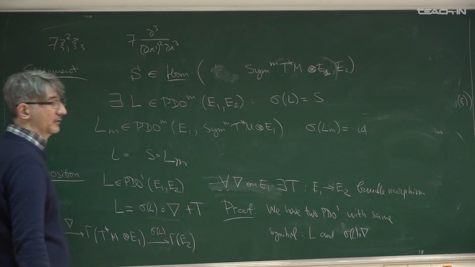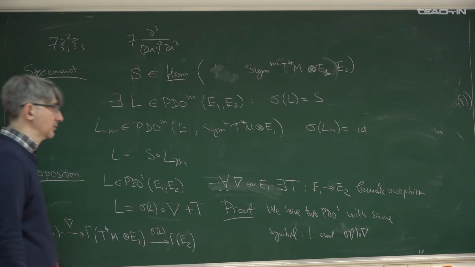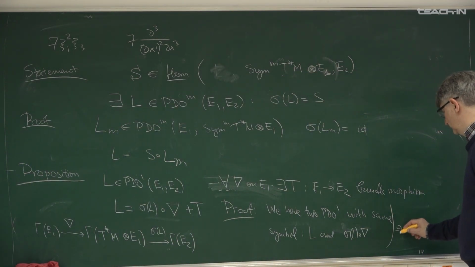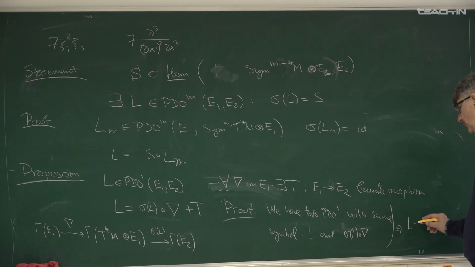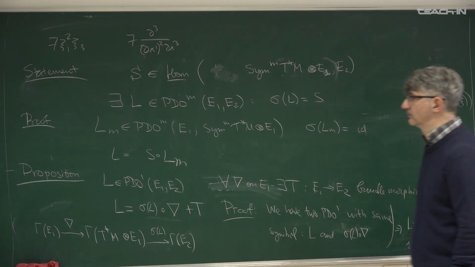They have the same symbol, so their difference is a bundle morphism, because it is an operator of zero order. L minus sigma L composition with nabla belongs to partial derivative operators of zero order. Define T to be equal to L minus sigma of L composition with nabla. That's all.